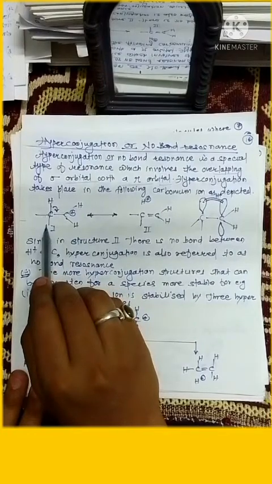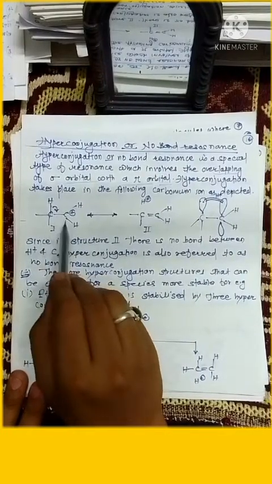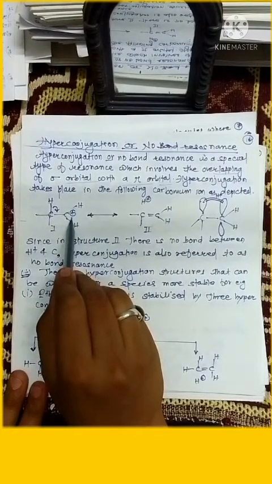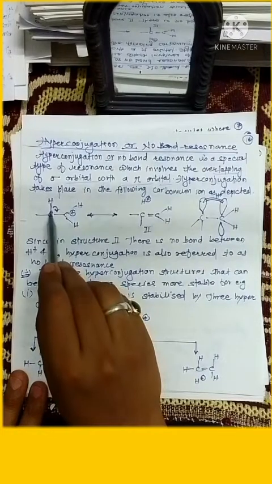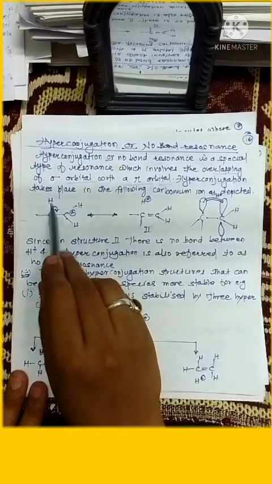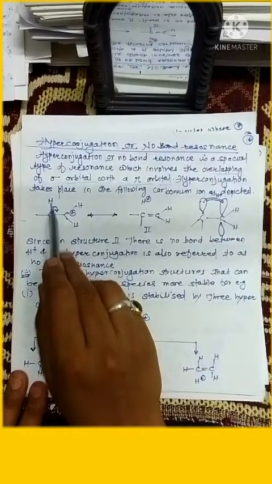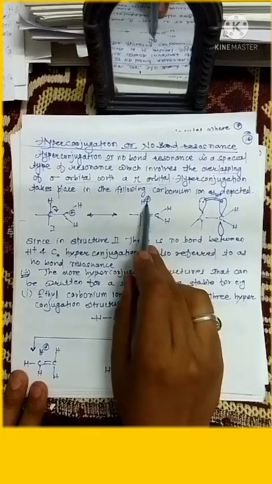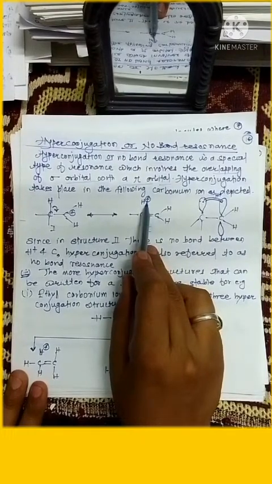Just see here, in this structure, this carbon has positive charge. So one can easily shift the bond between this carbon and hydrogen here. Because of that, this hydrogen got positive charge.